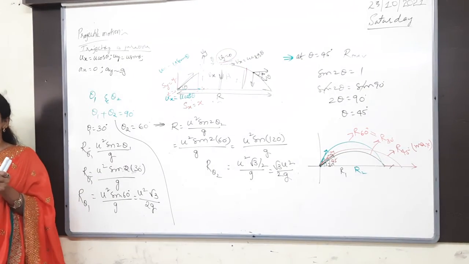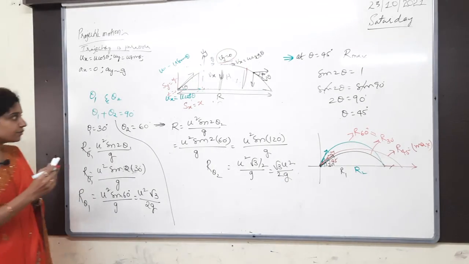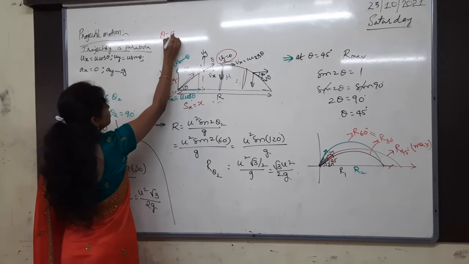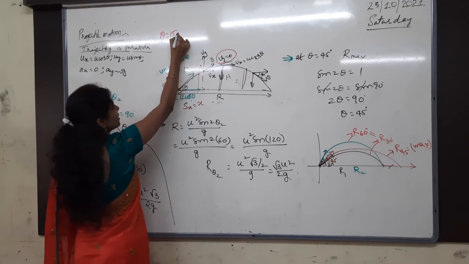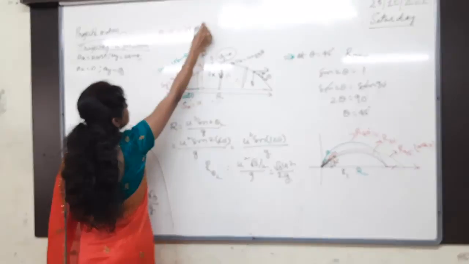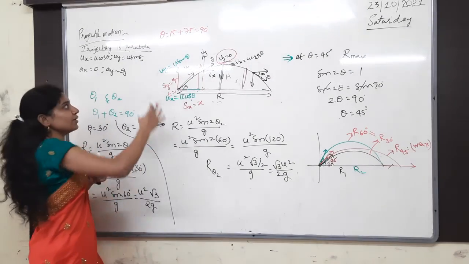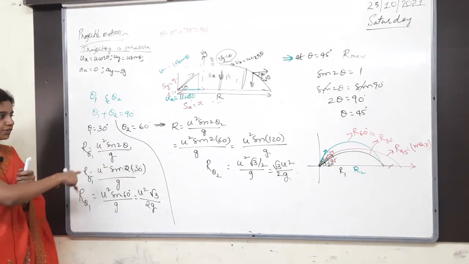You can check another angle also. Theta is equal to 15 and then 75. Theta equal to 15 means the next angle will be 75, obviously, and the sum becomes 90 degrees. Can you check that? Yes? First of all, copy this.